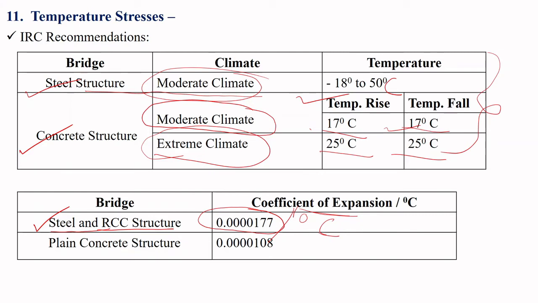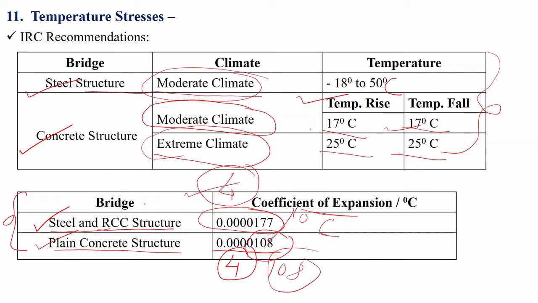So remember there are four zeros, and after that 177. Now next is the plain concrete structure. In case of plain concrete structure, the value of alpha is 0.00000108. Here also four zeros and then 108.